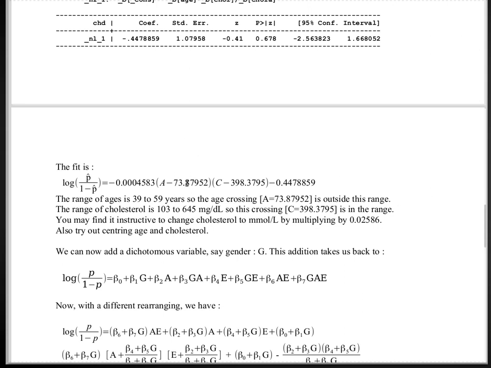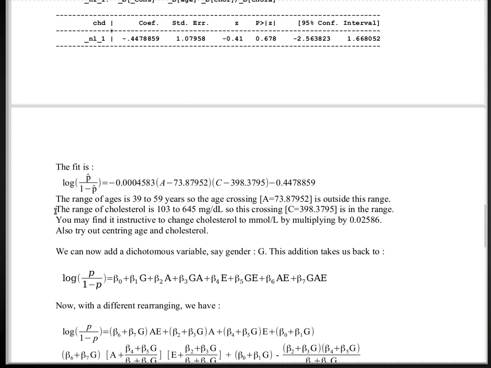This is the crossing in age, and this is the crossing in cholesterol. It turns out that for this particular study, the range of ages was individuals between 39 and 59. So the age crossing in this instance is outside the range, so the issue of the sign change for this crossing doesn't come up.